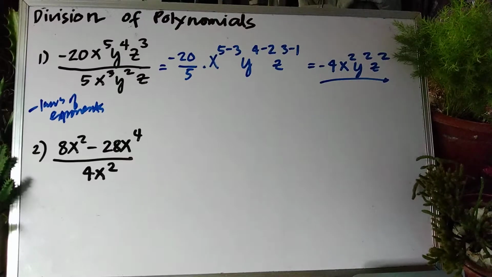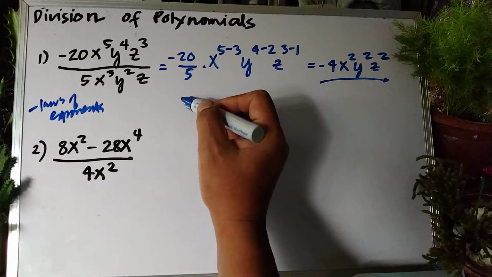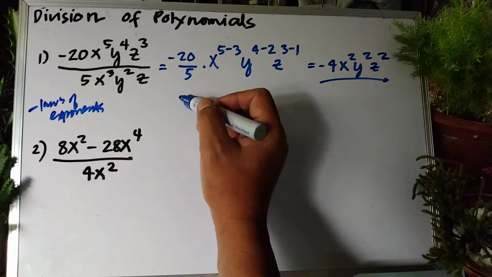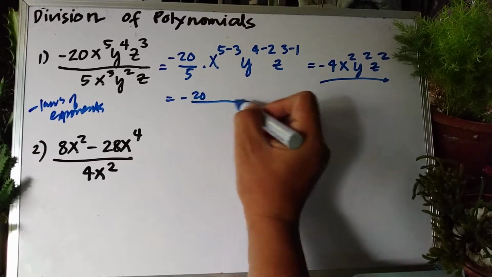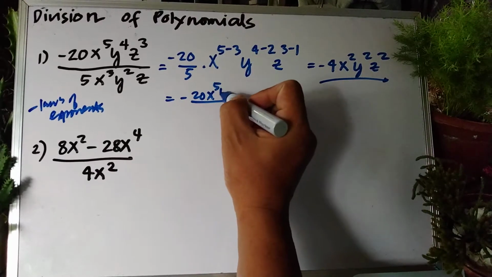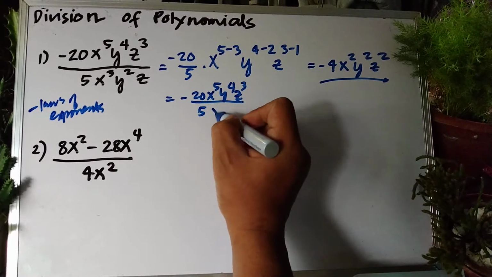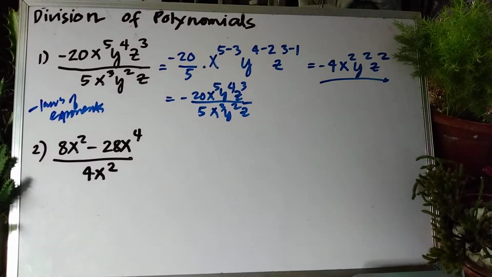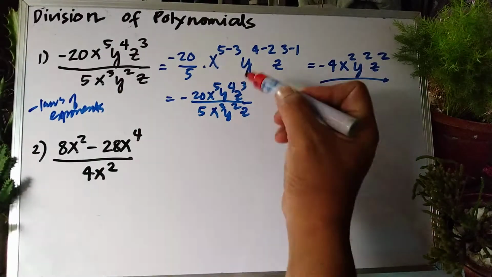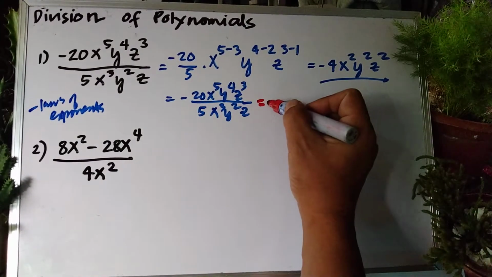Naklaro ba? Or, kung ayaw nyo ng laws of exponent, you could do the cancellation directly. Kumbaga, you're reducing a rational expression. Suppose you have here negative 20 x to the fifth, y to the fourth, z cubed, over 5 x cubed, y squared, z. Depende yan sa inyo kung paano niyo yan sasagutin. Sa akin, pwede ko rin i-cancel. I know that negative 20 divided by 5 is negative 4.